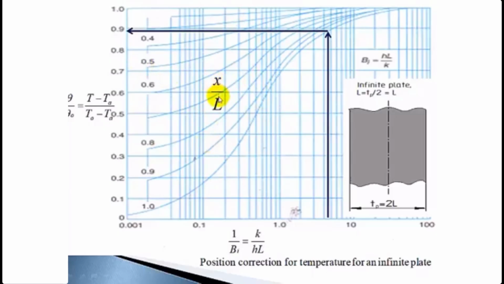In our case x by L is 1, this lower curve, and the value of 1 by Biot number we know is 4.8. This is a semi-log graph, so here you have 0.1, then multiples of 10, 1, then 10, after that 100.